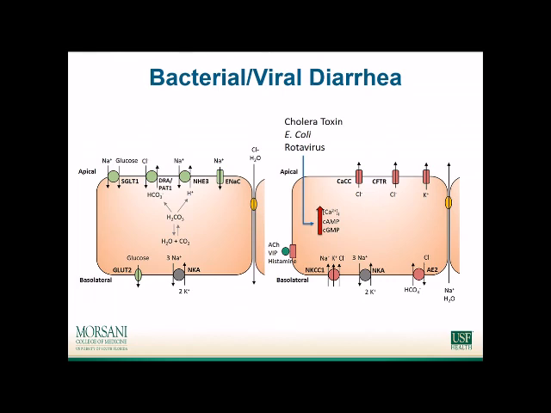So for example, cholera toxin or toxins from E. coli or viruses like rotavirus can ultimately cause an increase in something like cyclic AMP, or if it's rotavirus, we're actually increasing intracellular calcium. That high level of those intracellular second messengers can then stimulate chloride secretion through the calcium-activated chloride channel if we're talking about rotavirus, or through CFTR if we're talking about cholera toxin and other types of enterotoxins. And because you get this upregulation of chloride secretion, you end up with that secretory diarrhea.